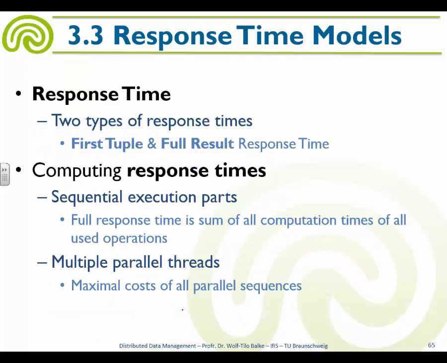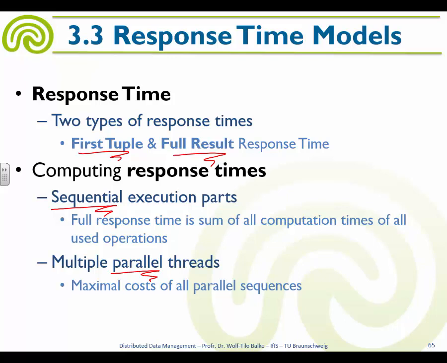So, first, types of response: there are two types of response time, time to the first tuple and full result response time, and the full result response time is the sum of what you get. For computing response time, you have to look at sequential execution versus parallel threads, or what you can execute in parallel.